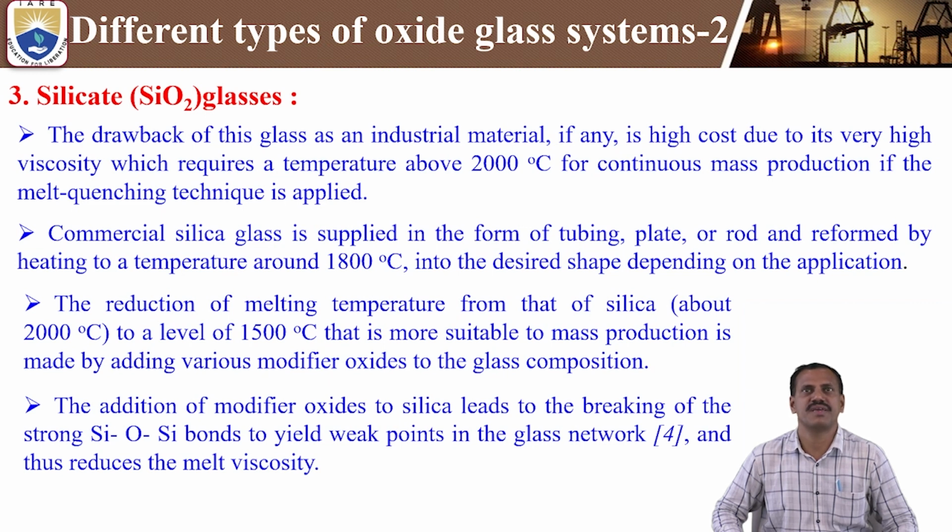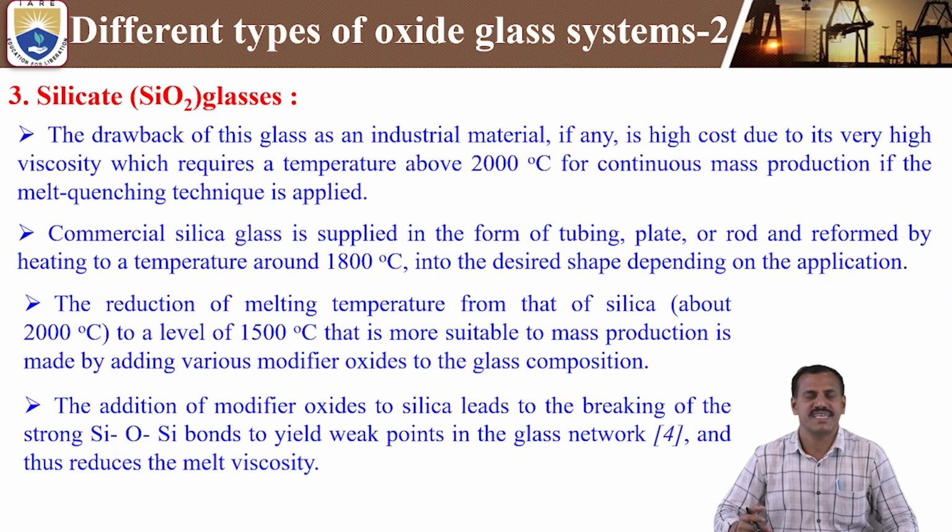For commercial silica glasses the melting temperature we use is around 1800 degrees centigrade. The reduction of the melting temperature from that of silica, about 2000 degrees centigrade, to a level of 1500 degrees centigrade, which is more suitable to mass production, is made by adding various modifier oxides to the glass composition.